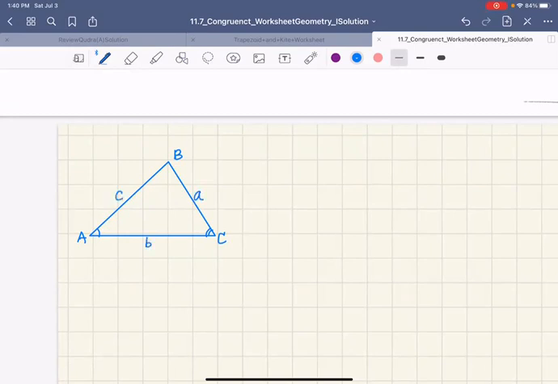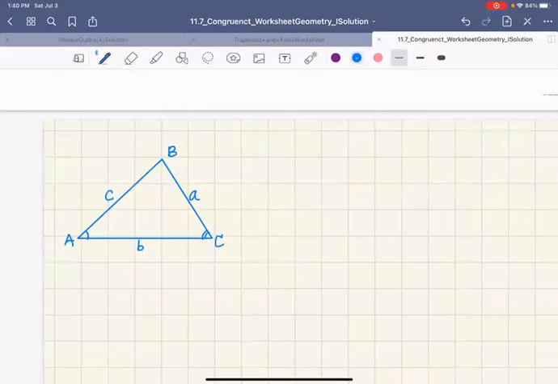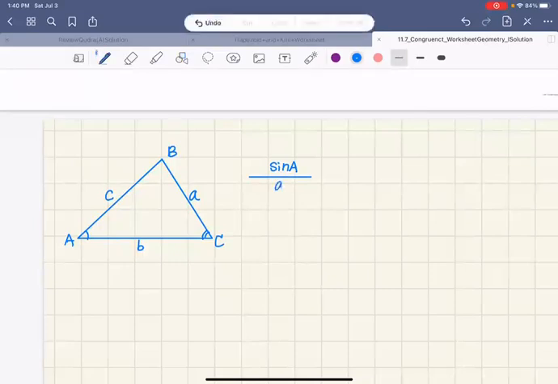Now I write down the law of sine. You will see this in 2 years. You say, teacher, I haven't learned sine yet. We will learn the basic trigonometry in geometry, very soon. I want to write down the law of sine formula here.